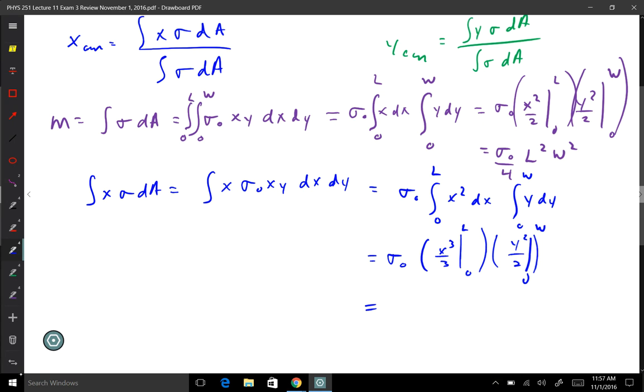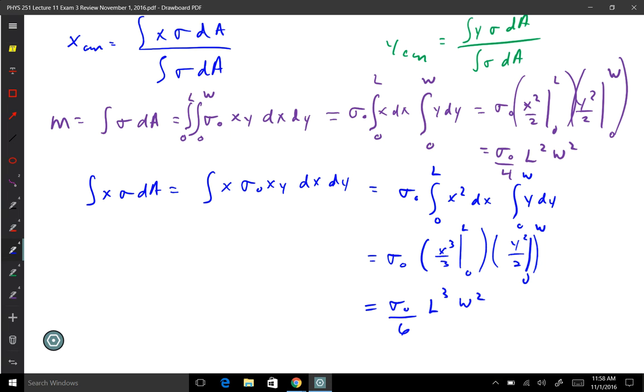So you plug in your values. 2 times 3 is 6, so it's divided by 6 instead of divided by 4.